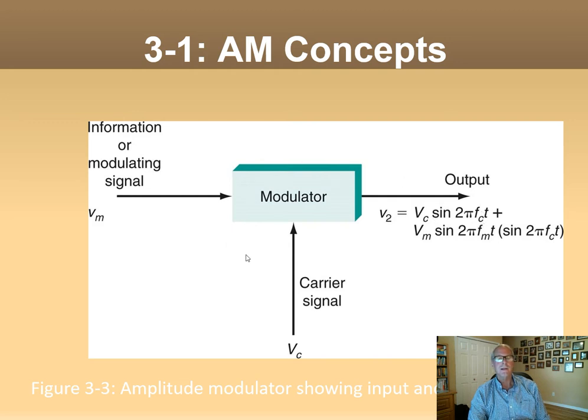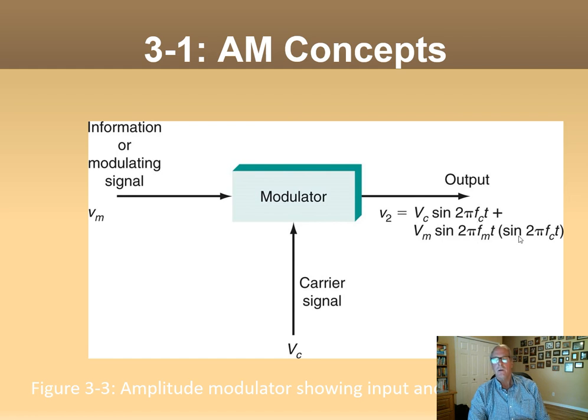The process of modulating that carrier results in this expression being added to it, which is the peak value of the modulation signal times sine 2 pi FM T, FM is the modulation frequency, times the quantity sine 2 pi FC T.